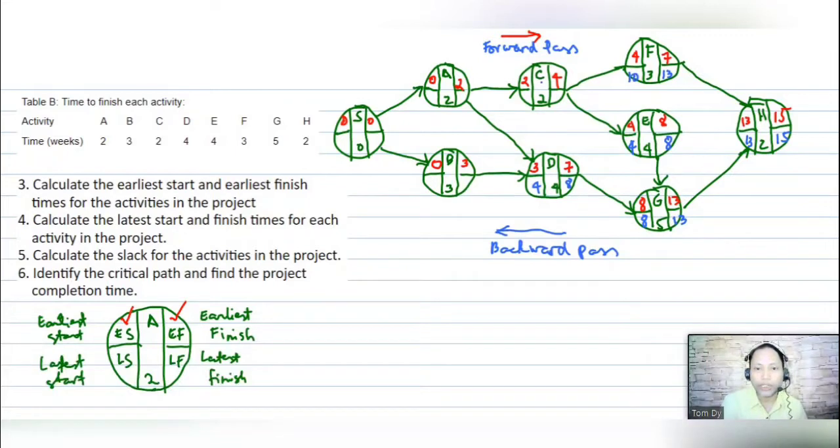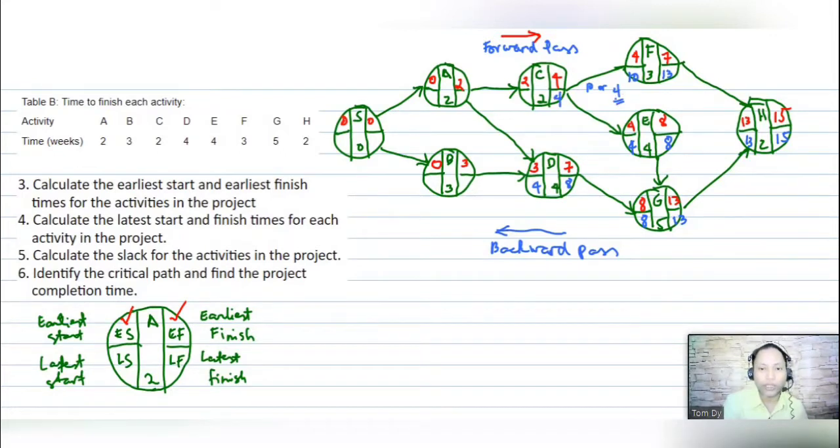If you have noticed, for C we have two arrows connecting to it, so we select either 10 or 4. For the backward pass, we choose the lowest value, so I will write 10 or 4 here, and we choose 4 for this part.